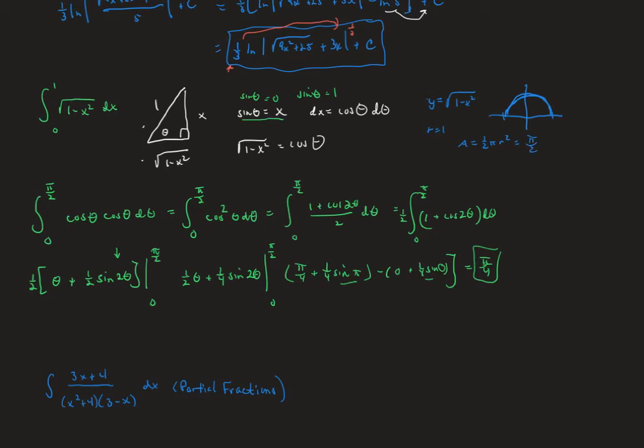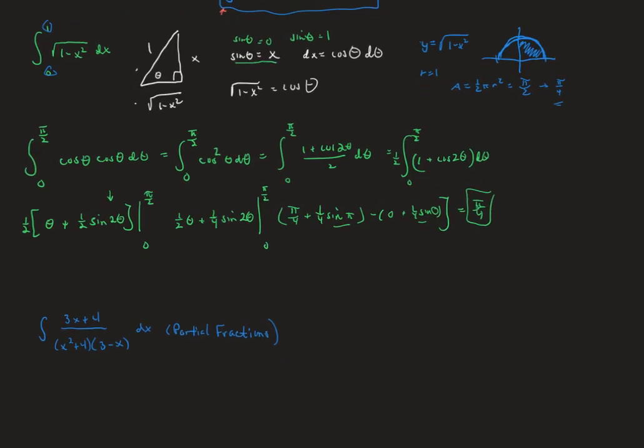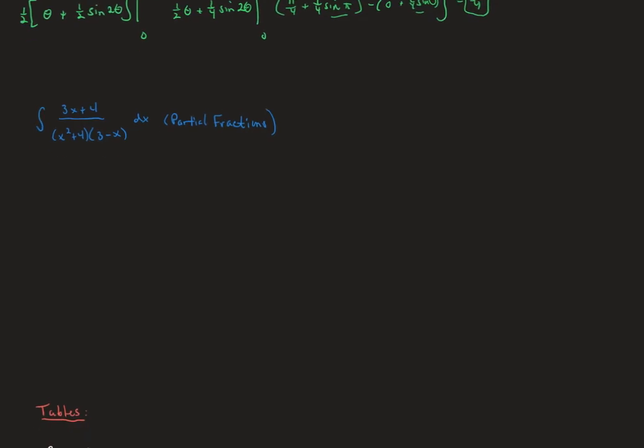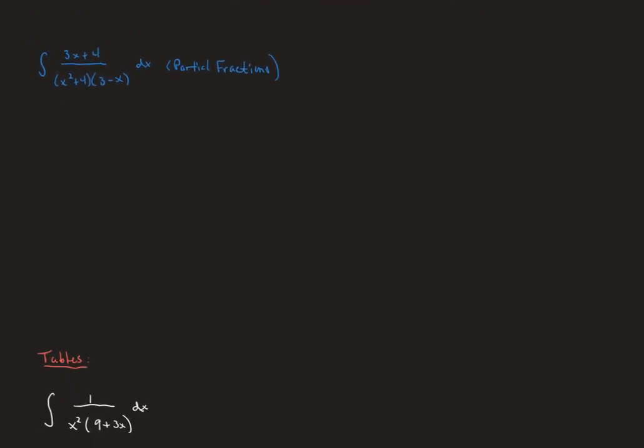And since our integral was just from 0 to 1, we were really going to get just half of that. So that's how we get half of that to be pi over 4. And kind of an interesting little picture to go with that. All right, let's see if we can tackle a partial fraction decomposition problem.